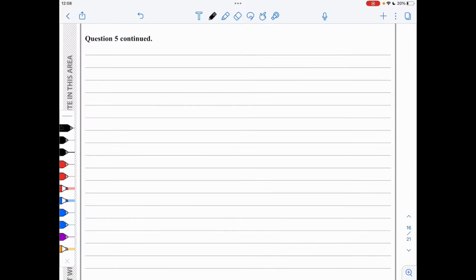We start by stating our null hypothesis, which is that mu is 166.5. My alternative hypothesis is that mu is less than 166.5, and this is at the 5% level of significance. Now we have a sample of size 50.